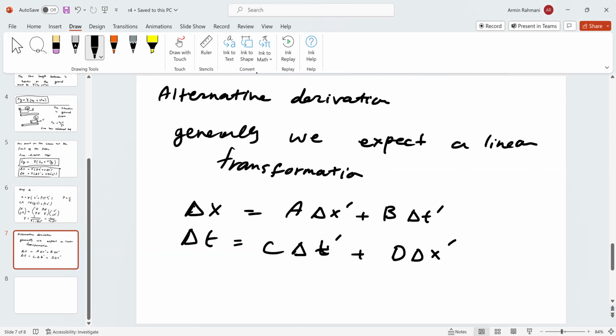We cannot get different powers of positions than power 1. And there are other considerations, like this has to reduce to the Galilean transformation in the limit of small velocities. So we're going to work with that form, which we expect on general grounds.